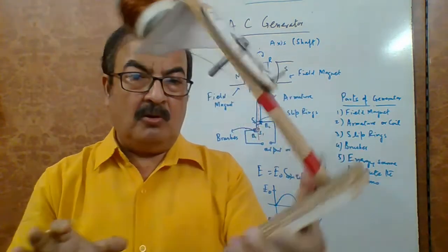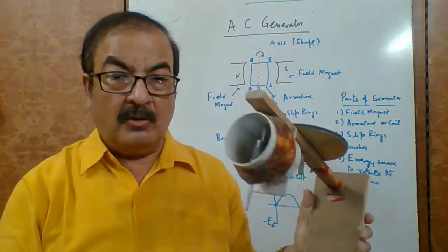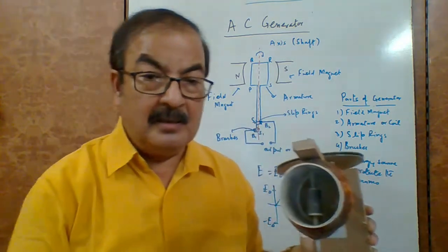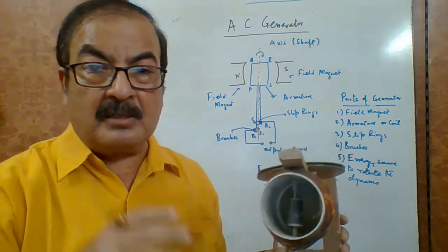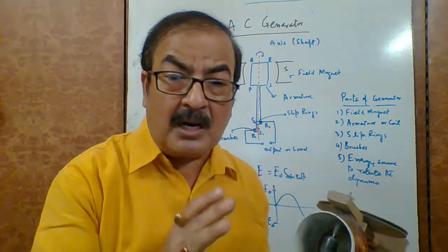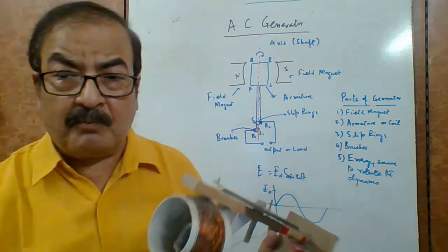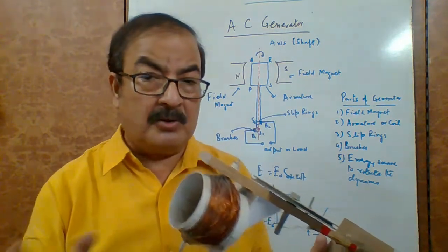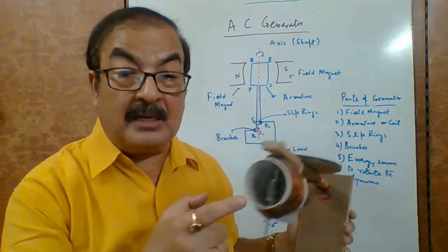There is no battery, no slip ring, but only here we have taken just the reverse order. Instead of rotating the armature in between the pole pieces of a horseshoe magnet, we have taken the magnet which is rotated.